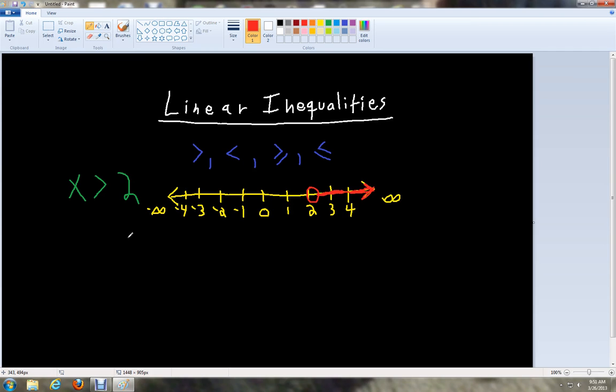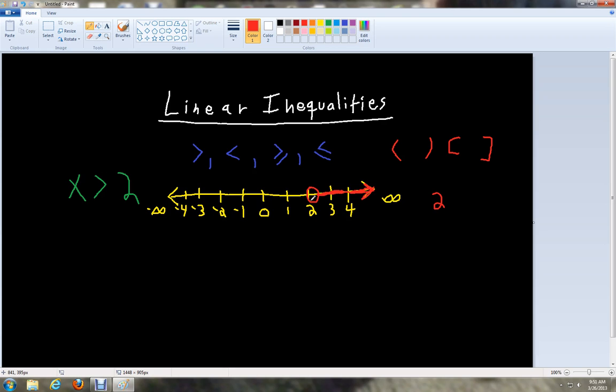Now, there's another way to express inequalities, and that's through interval notation, where you write either with the parentheses or the brackets. You might have seen those before. We start at 2, so we write the number 2.